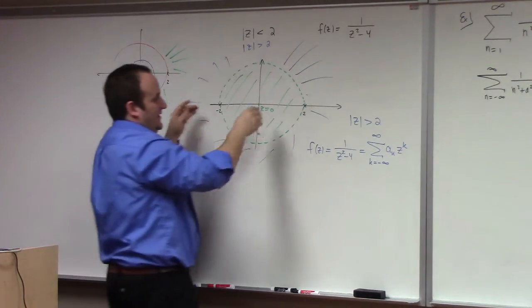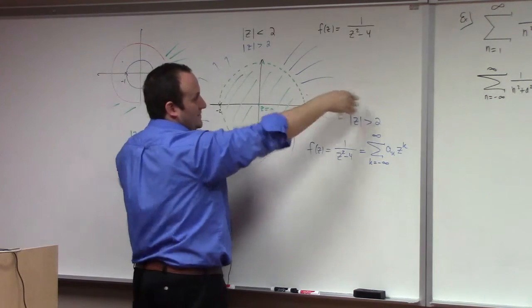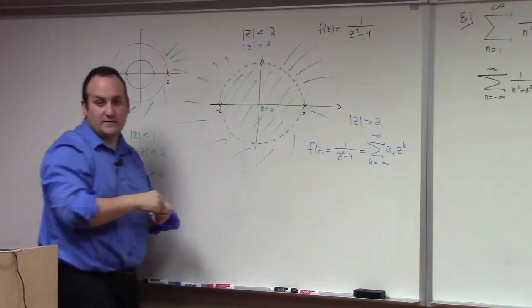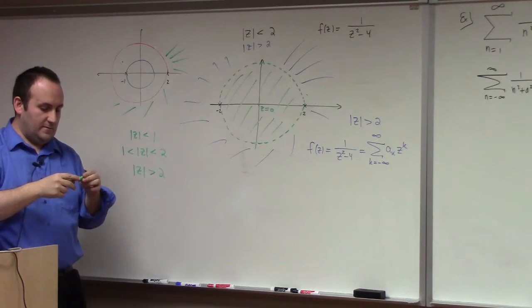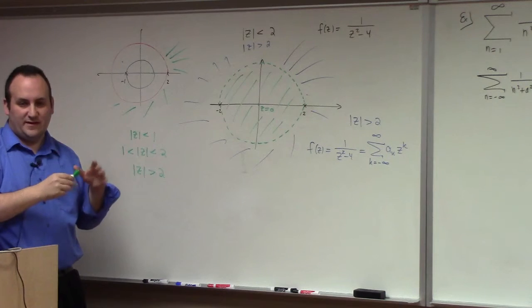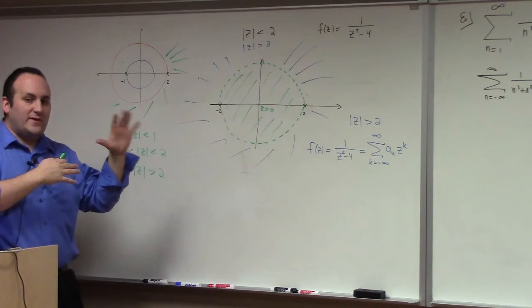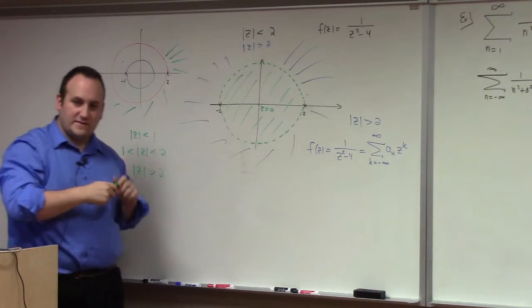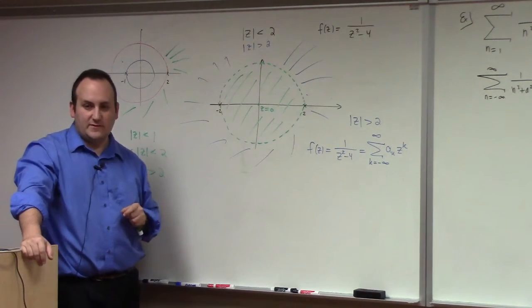In this example, you get to 2, you're stuck, but then you get past 2 and there's nothing else to get stuck on, so it just goes on all the way to infinity. The intuitive theorem is basically that the annuli are as big as they can possibly be, up to the point they bump up into the next singularity of your function, assuming some kind of global formula is given, of course.